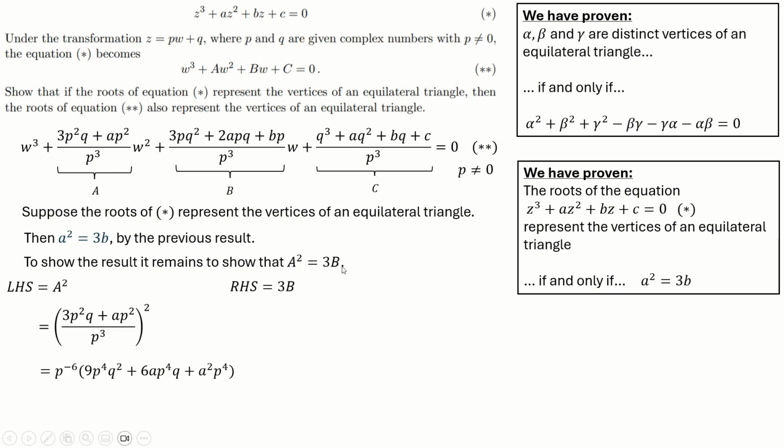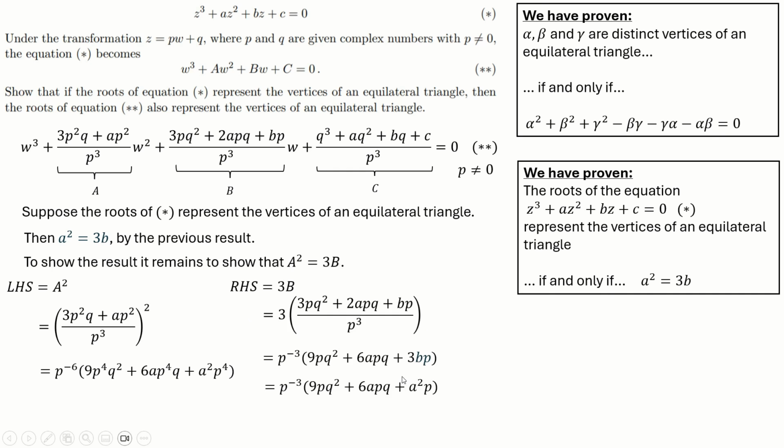Let's take the right hand side. We don't really need to make that into 3b. We could just separately look at 3B, which is 3 times this, and write it out like this, and then factorize out 3 more p's just to make it look like the first result. What have I done here?